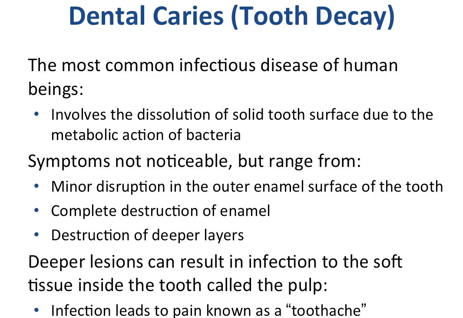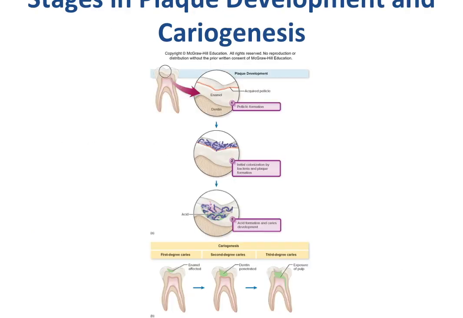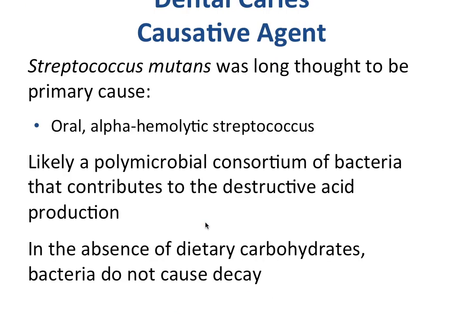Once the destruction reaches the deep layer, it can irritate the nerve and cause tooth pain. This is called a toothache. We can see here that bacteria can completely disrupt the enamel and then reach the deeper layers.